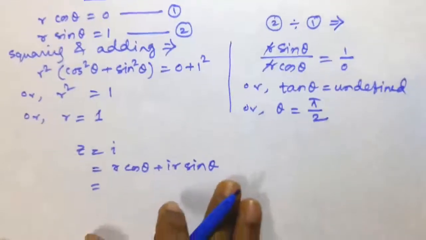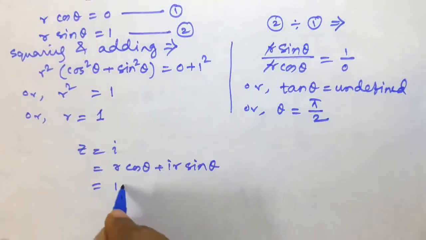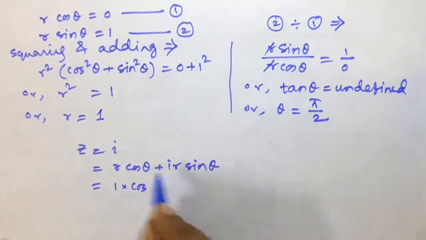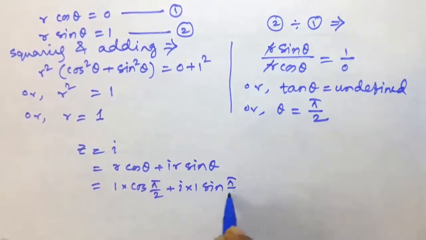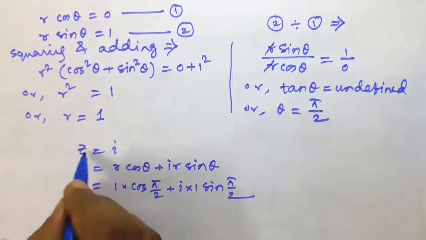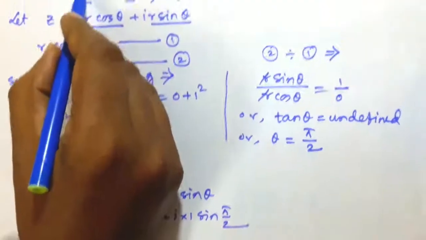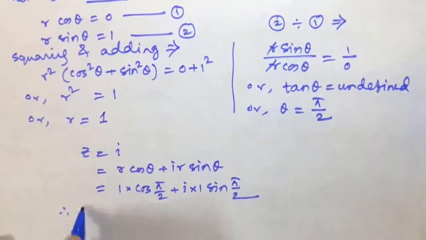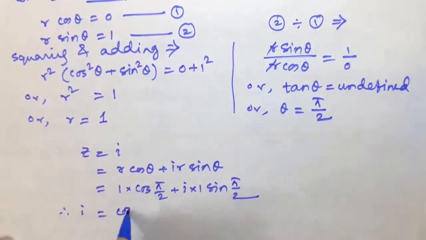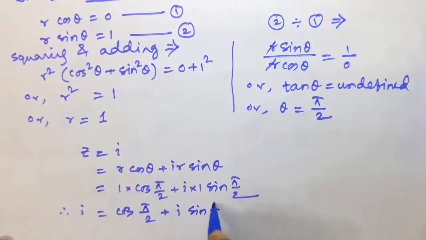So now replace this r by 1 into cos theta, theta is equal to pi by 2, plus i into 1 sin pi by 2. Therefore, z, means i, is equal to cos pi by 2 plus i sin pi by 2, which is the required polar form.